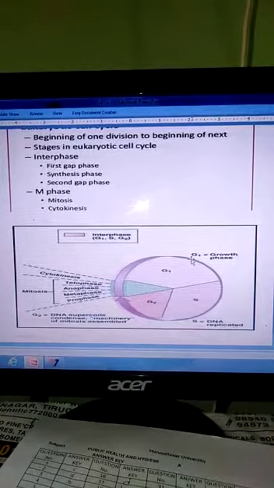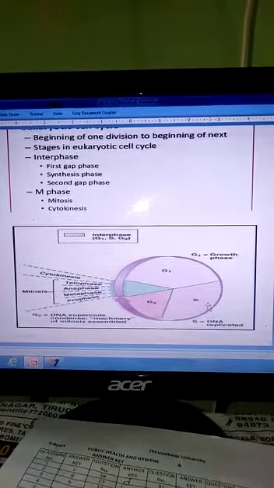Its functions are ATP, nucleotides, amino acids, RNA, protein synthesis, and growth of the nucleus. This phase is longer in non-dividing cells, for example human nerve cells, and shorter in dividing cells.